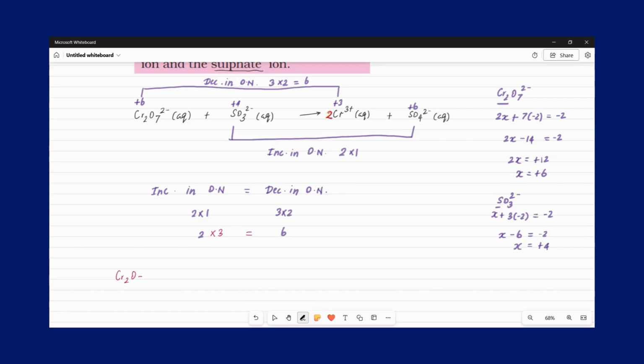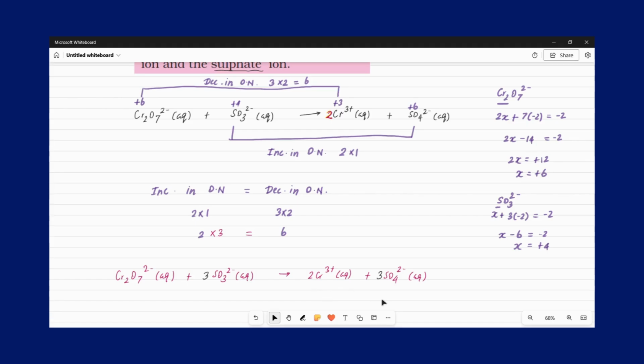So Cr2O7 2 minus aqueous plus SO3 2 minus aqueous gives 2 Cr3 plus aqueous plus SO4 2 minus aqueous. Now if I multiply by 3 here, then this side also gets 3, so that the sulfur is balanced also.